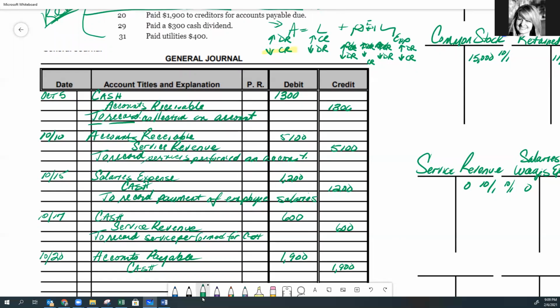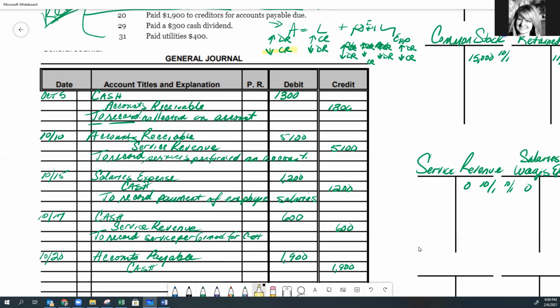We said that after we make this payment, we don't owe it any longer, so therefore our liability decreases. So let's take a look here in our liabilities and our accounting equation. We said liabilities increase with a credit and decrease with a debit. So did we do the right thing by debiting our liabilities and making it go down when we made the payment? We sure did.